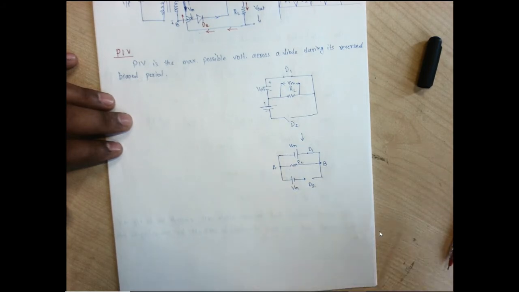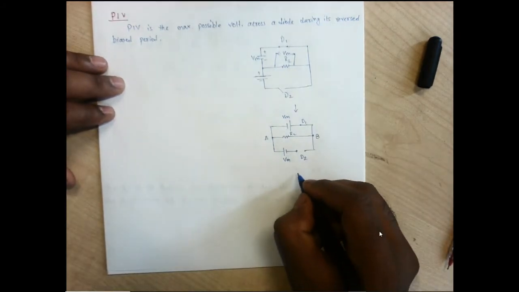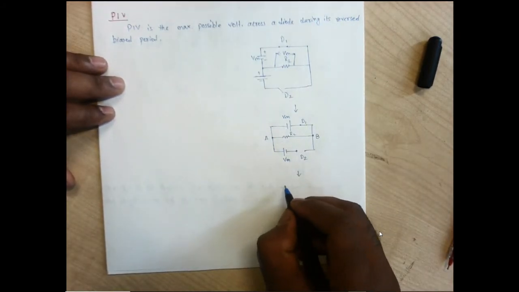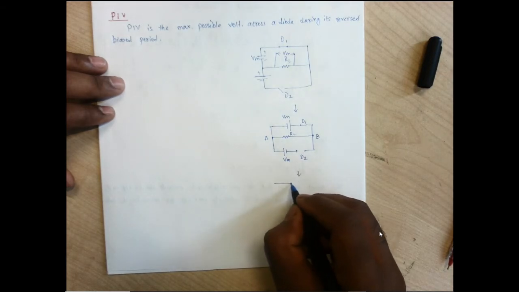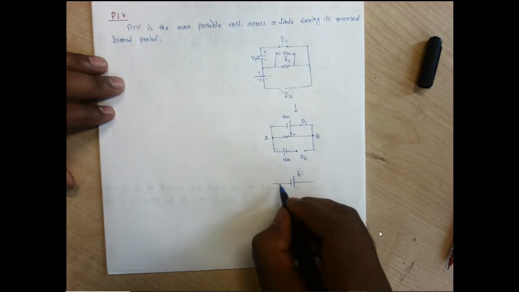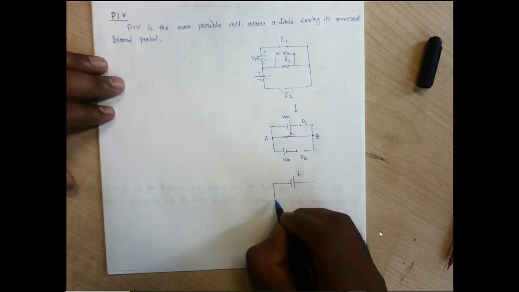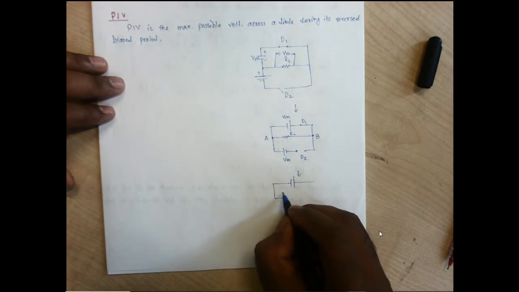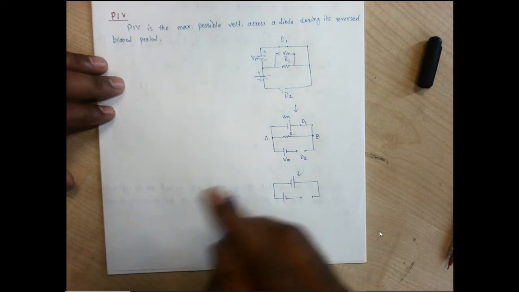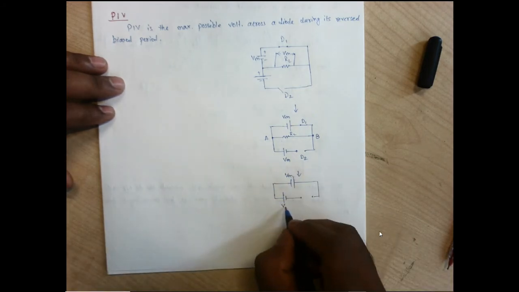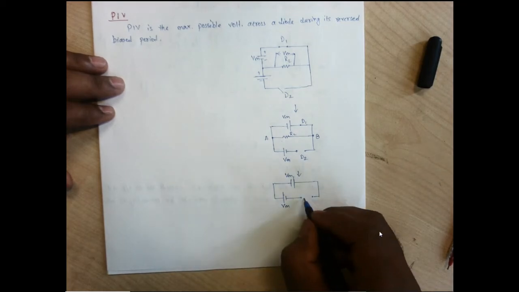Another Vm is there. If we further simplify, RL has the voltage same as Vm, and another Vm is connected here, and this is the open circuit point for D2. So one Vm is connected here, another Vm is connected here. Let us consider what is the voltage across D2.